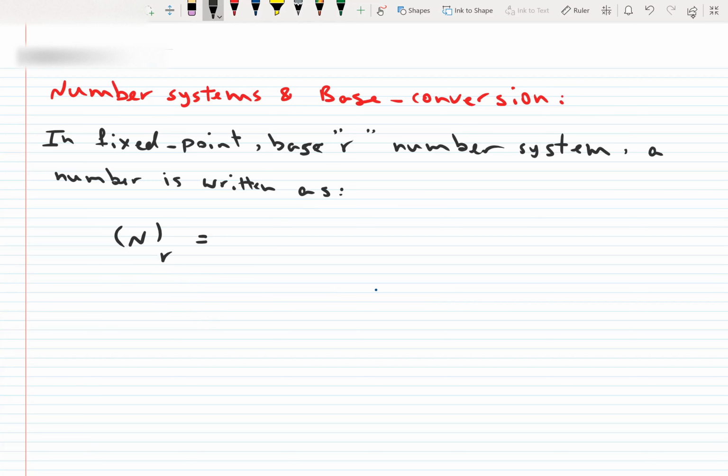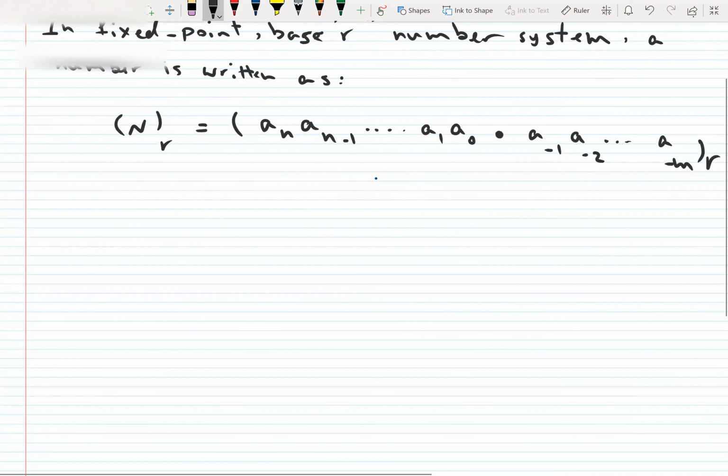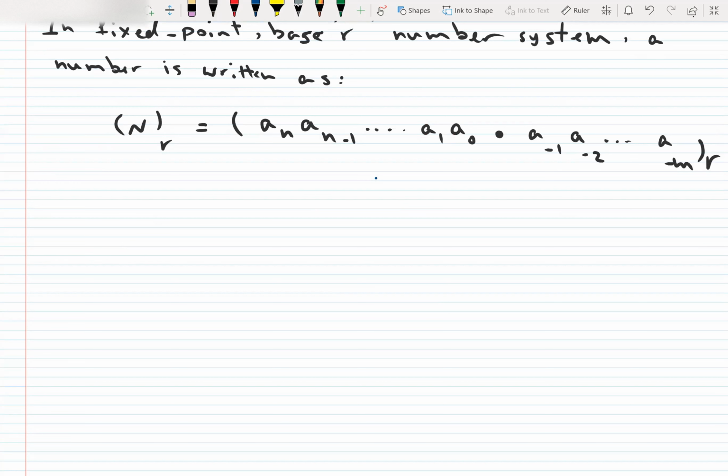So a number in base R is written as follows: a sub n minus 1 up to a1, a0, dot, a minus 1, a minus 2 up to a minus m, in base R. This is the general form of any number in base R. Let's see what components we have in this system.